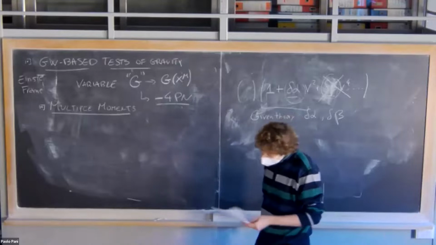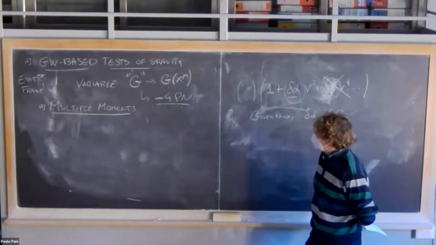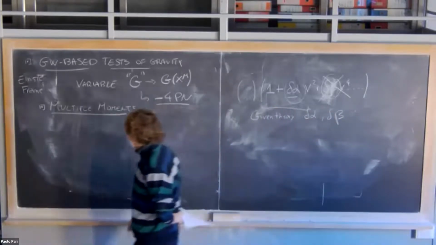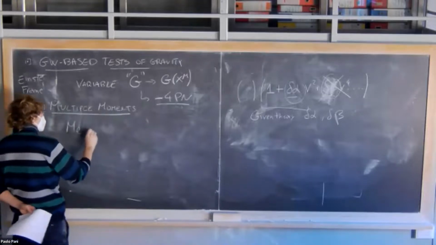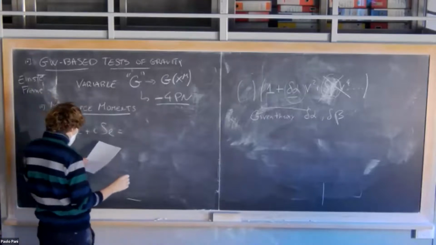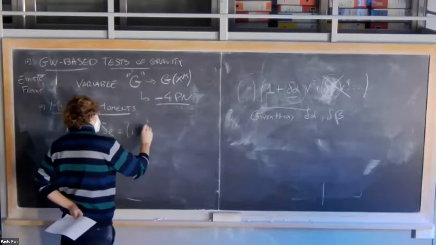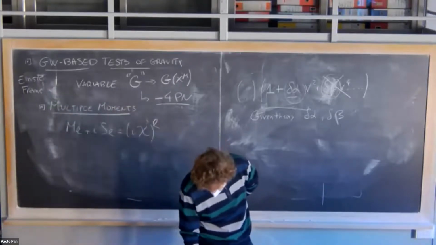Okay, so I will have 5 minutes, but I'll try to be very brief because I want to mention a few things. One is that for Kerr black holes in GR, there is this beautiful relation. Let me write it properly.